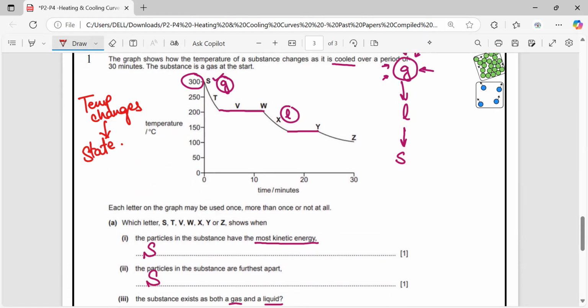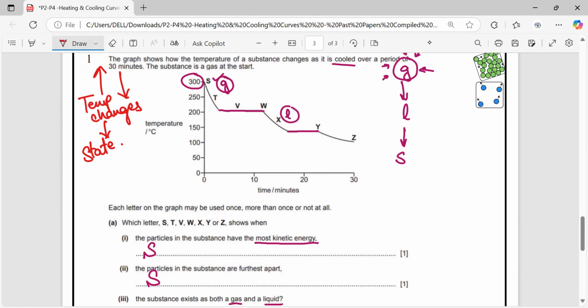When the temperature is changing, if it is a heating curve, then temperature increases, and if it is a cooling curve, then temperature goes down. So when the temperature is increasing or decreasing, it means it is some state: gas, liquid, or solid. And when the temperature is constant, it means that the phase is changing now.